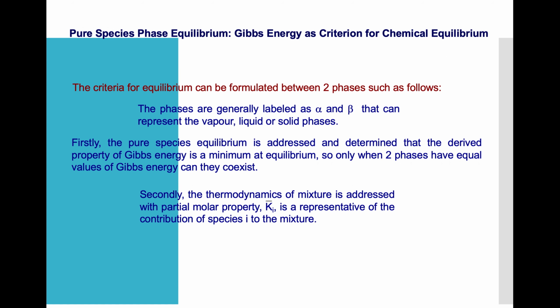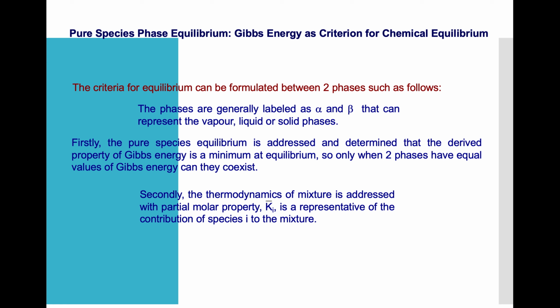Okay, pure species phase equilibrium. We take Gibbs energy that we have covered previously as criterion for chemical equilibrium, and the criteria for equilibrium can be formulated between two phases as follows. The phases are generally labeled as alpha and beta that can represent the vapor, liquid, or solid phases. Firstly, the pure species equilibrium is addressed and determined that the derived property of Gibbs energy is a minimum at equilibrium.